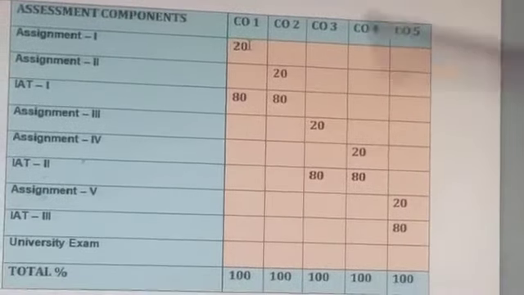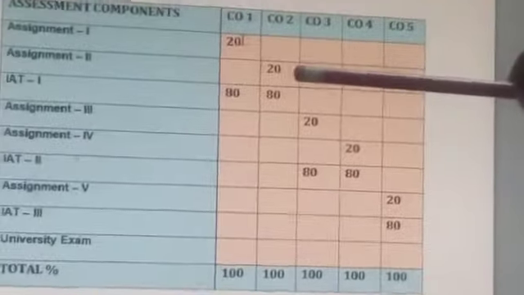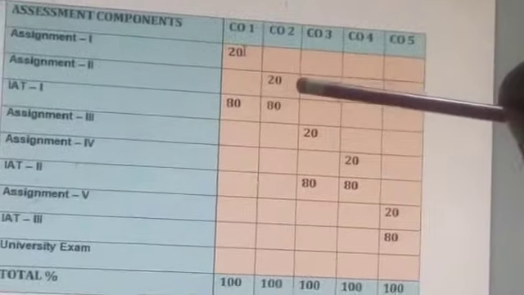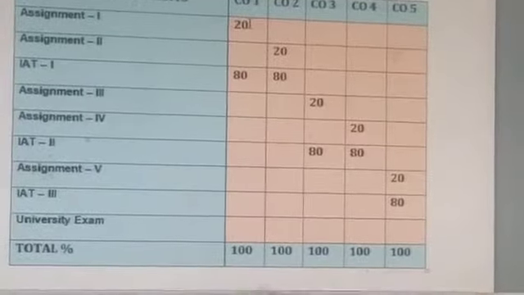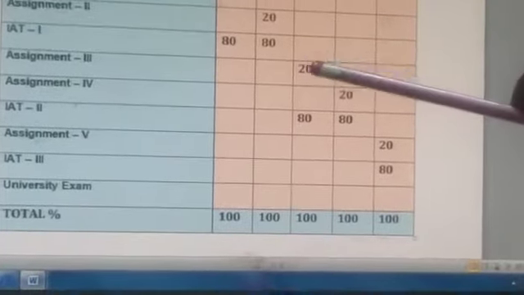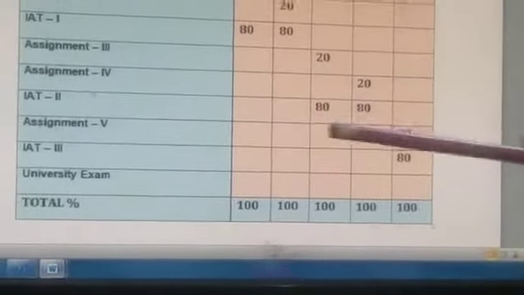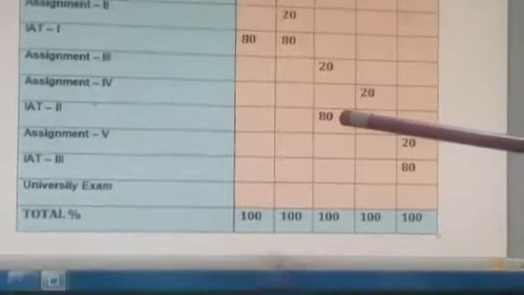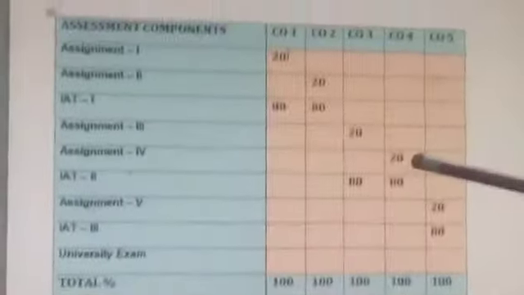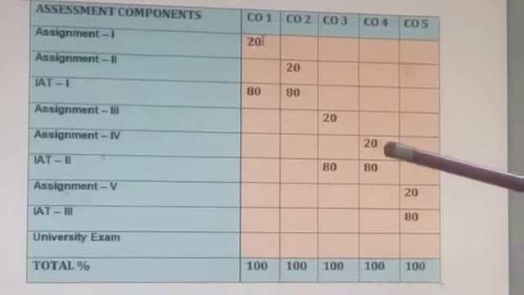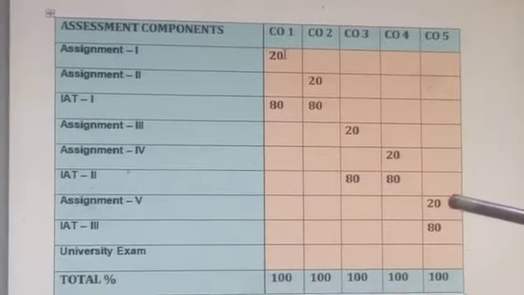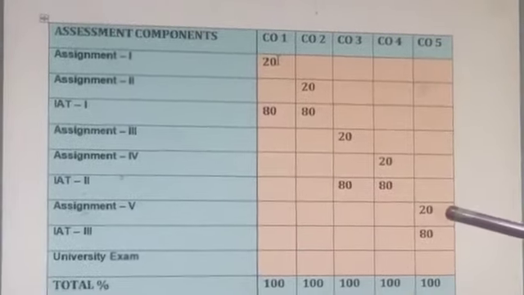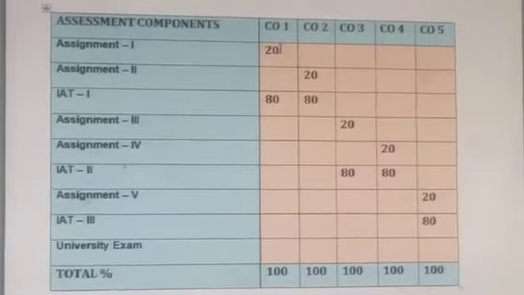For CO2, I am giving 20% weightage from assignment 2 and 80% weightage for IIT 1. Similarly, for CO3, 20% weightage for assignment 3 and 80% weightage for IIT 2. For CO4, 20% weightage for assignment 4 and 80% for IIT 2. For CO5, 20% weightage for assignment 5 and 80% weightage for IIT 3.